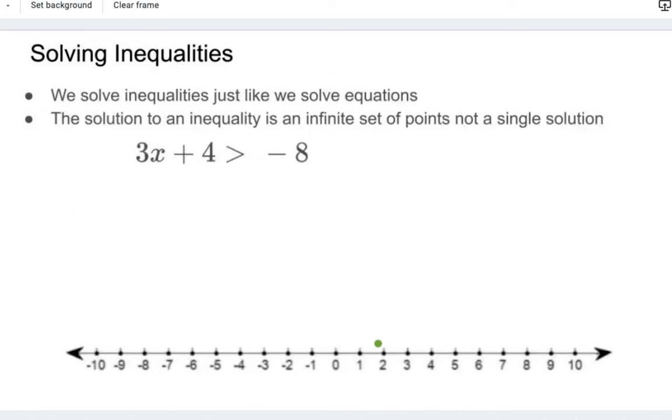Now when we solve inequalities, we solve them just like we solve equations. If we see a +4, we know that we want to subtract 4 from both sides. If we see 3 times x, we know that we want to divide by 3.